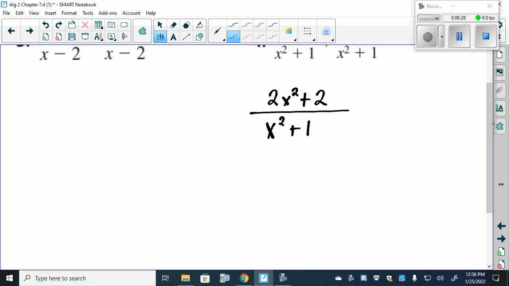Because we do have x squared and x squared, yes? But unfortunately, the 2x squared plus 2 is stuck together as one whole term. But is there something we can do with the 2x squared plus 2? Unfortunately, these x squared plus 1 get stuck together as one whole term. I can't just take out the x squared.